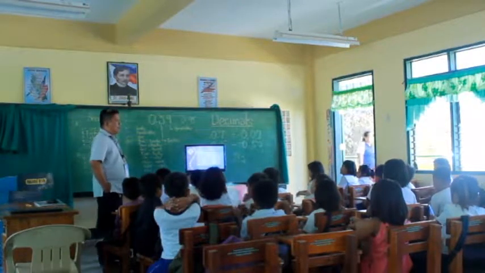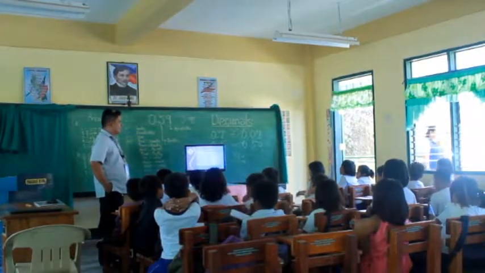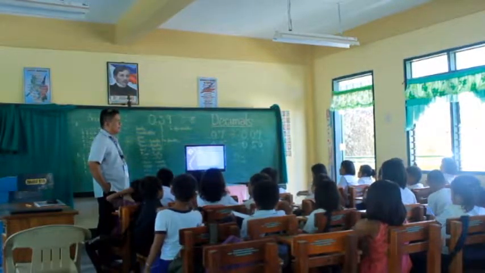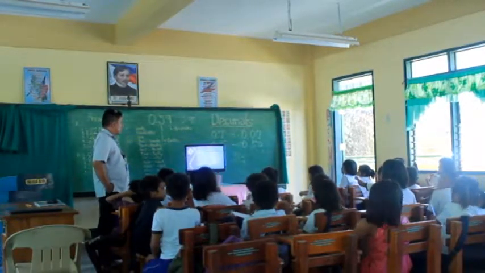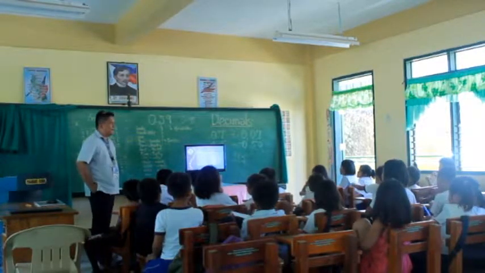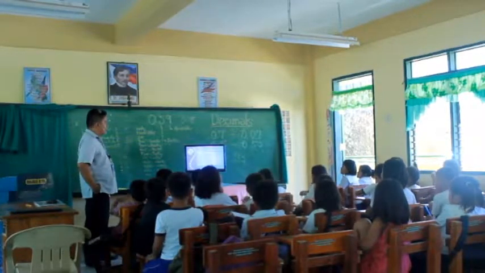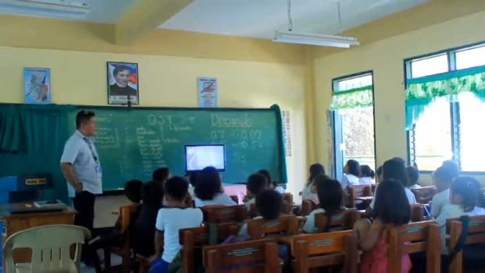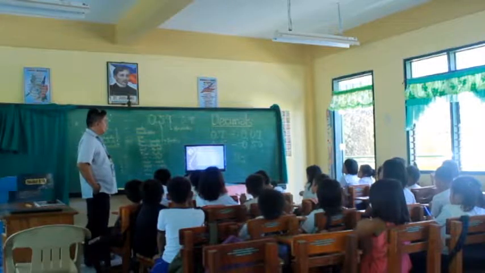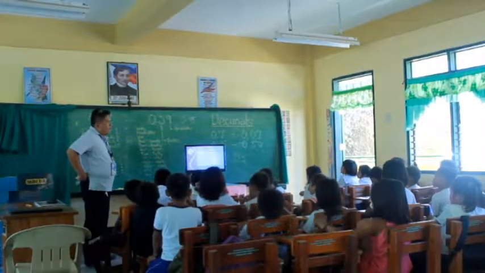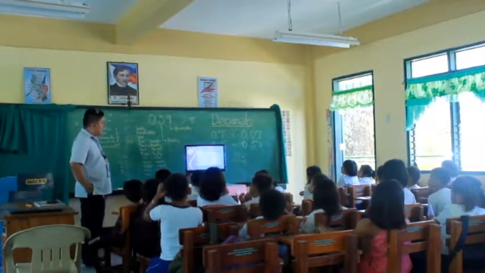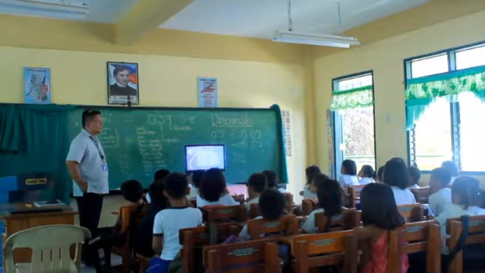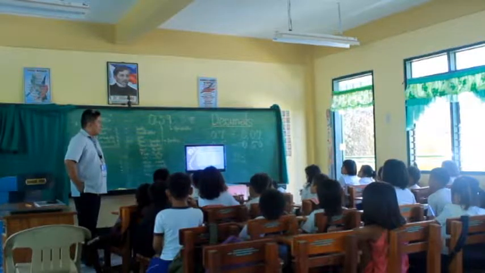Number 5, 1 hundredth. Number 6, 95 hundredths. Number 7, 74 hundredths. Number 8, 67 hundredths. Number 9, 92 hundredths. And number 10, that is? 44 hundredths. Very good.